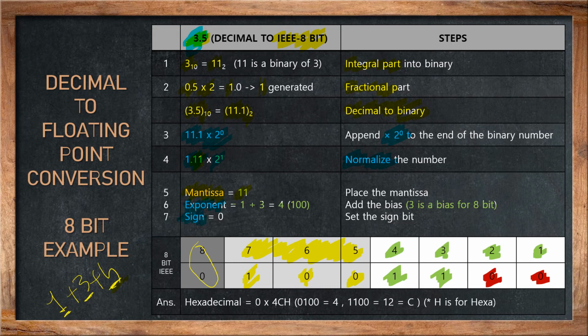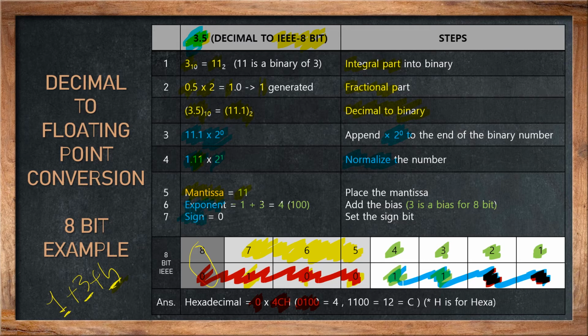So here we have the hexadecimal. This is the 0 for the sign, and 4CH. 4CH is the hexa for the given number. How? See, this is 0 1 0 0, these 4 positions, and then we have 1 1 0 0, right?